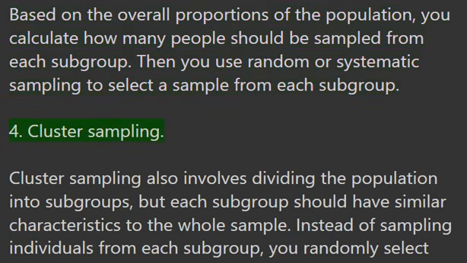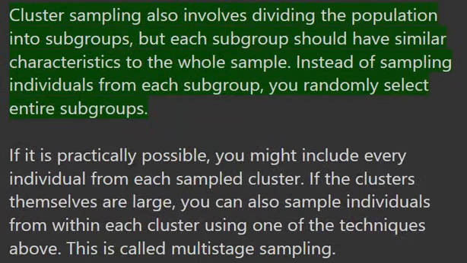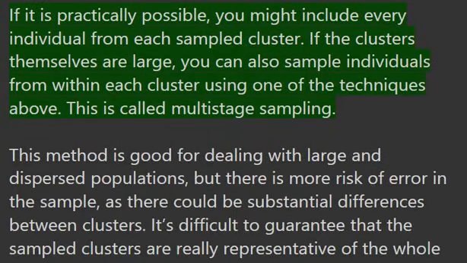4. Cluster sampling. Cluster sampling also involves dividing the population into subgroups, but each subgroup should have similar characteristics to the whole sample. Instead of sampling individuals from each subgroup, you randomly select entire subgroups. If it is practically possible, you might include every individual from each sampled cluster.